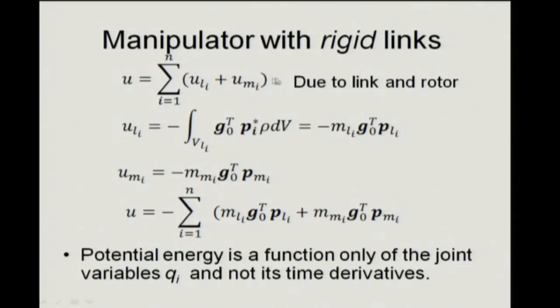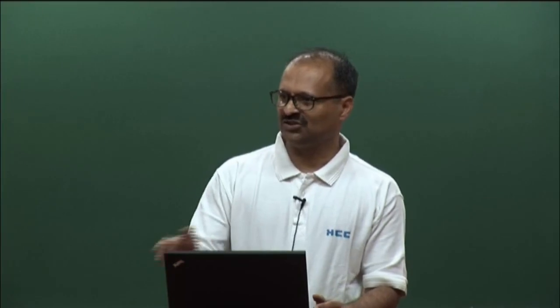So what we do is, if there are n rigid links, I am going to take the kinetic energies of the link structure itself, and then there is a motor. Now I need to treat the motor separately, because the motor is a funny structure. One part of the motor will be attached to some link or the other, and the rotor part will either be directly attached to another link, or it will be attached to another link through a transmission, a reduction drive.